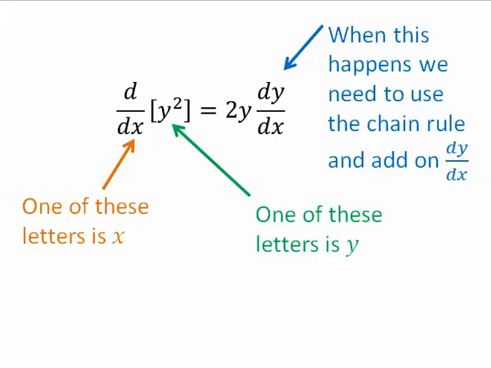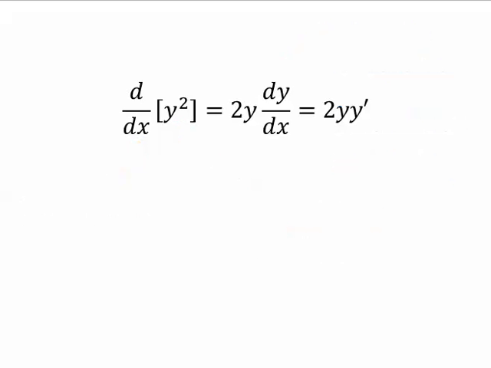That's taking the derivative of the outside. Now the derivative of the inside. The inside is y. The derivative of y is dy/dx. So the derivative of y squared is 2y dy/dx, or 2y y prime.